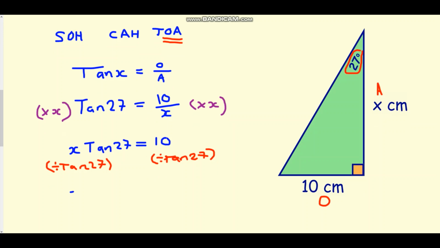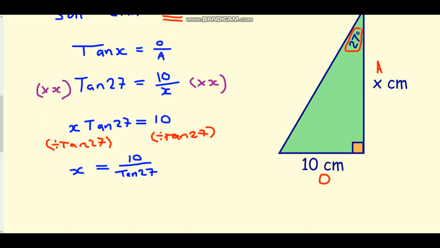So to finish this off, x is equal to 10 divided by tan 27. And so x is equal to 19.63 centimeters.